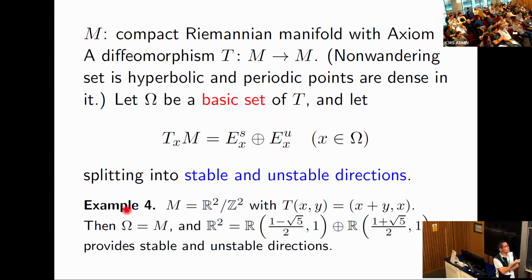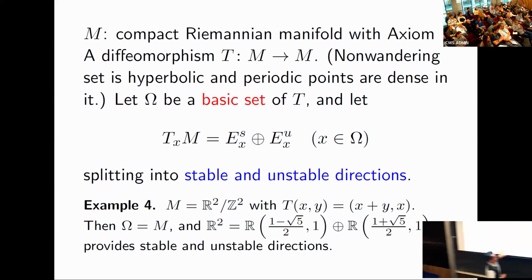A simple example is given by the two-dimensional torus. Let M be a two-dimensional torus with a so-called hyperbolic toral automorphism, for example, this formula.